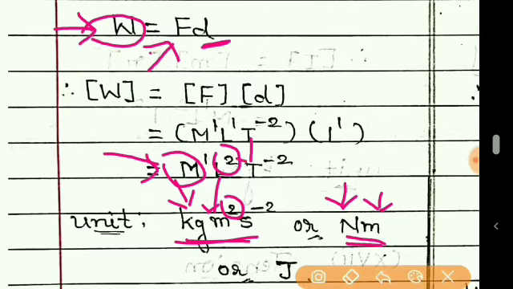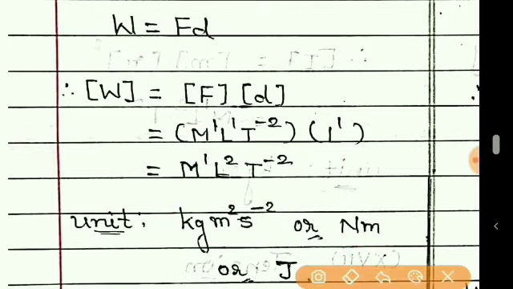Time is in second, its power is minus 2, so here also minus 2. So unit of work can be written as kg meter square per second square. But once again, on the name of the scientist Joule, the unit of work or energy is taken as joule. In symbol we can write capital J.